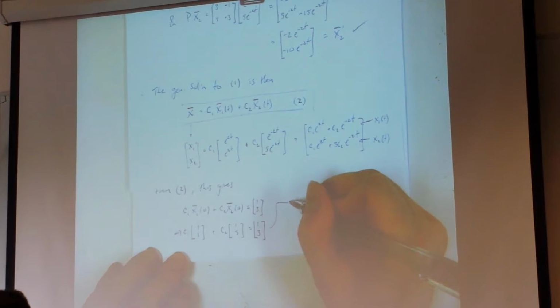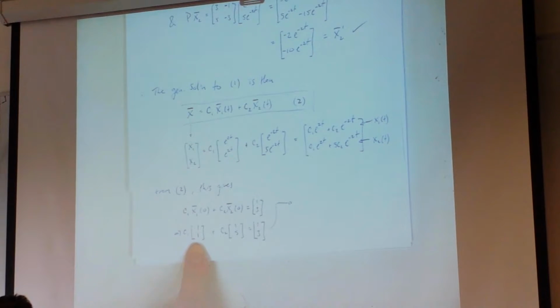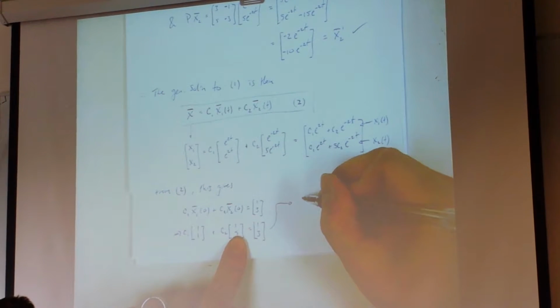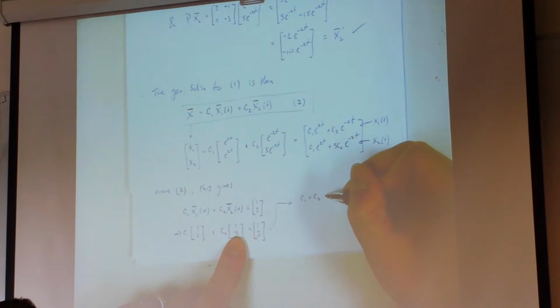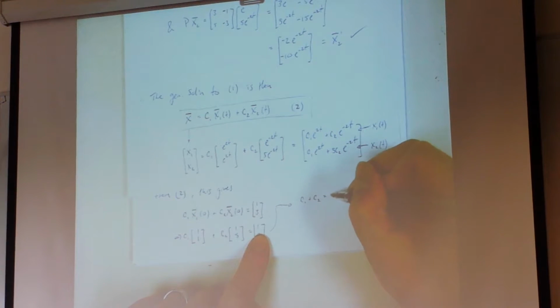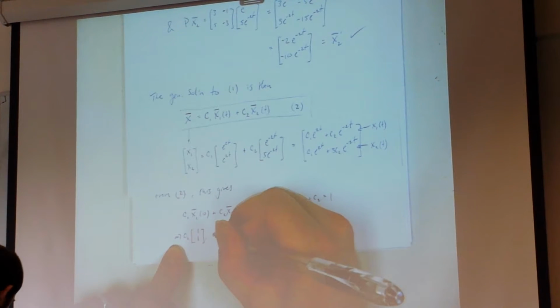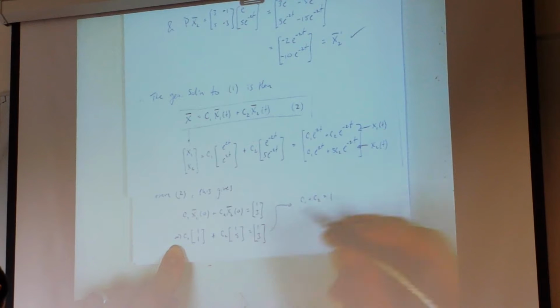Okay, so breaking this out of its format for a moment, this gives us C1 plus C2 equals 1, right? Scalar multiple of this, and I'm adding corresponding components, must equal 1.